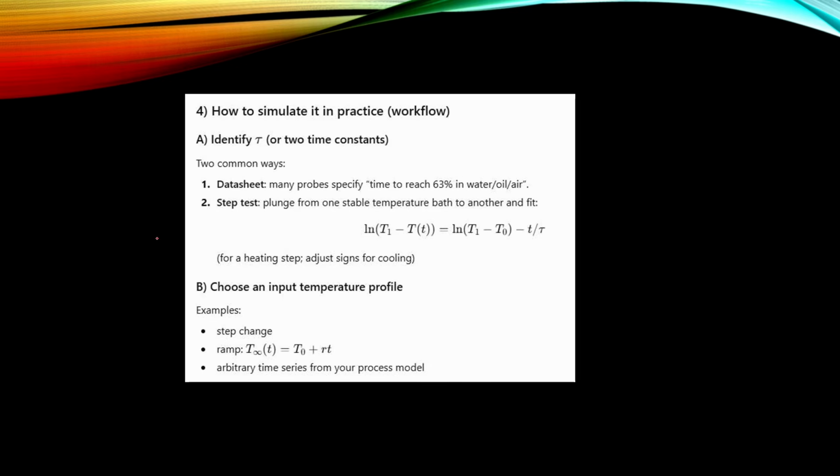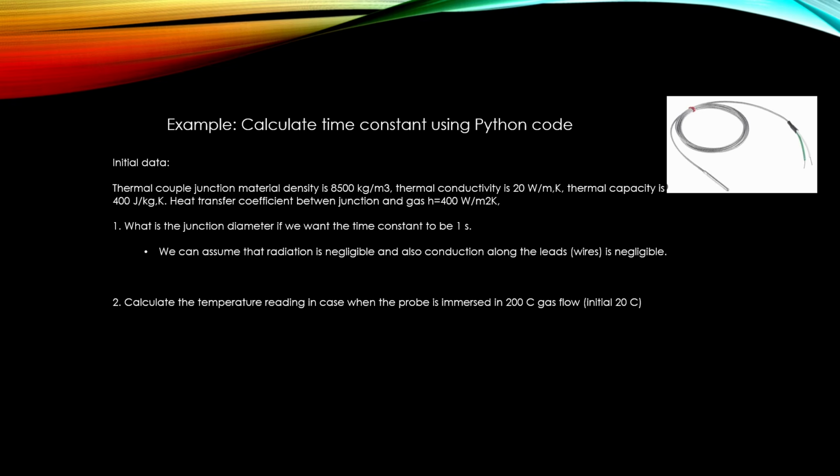Here are some guidelines how you can measure the time constant of your thermocouple. For example, you can carry out this kind of step test and find out what is your time constant. Here we have an example in which our task is to calculate this time constant using Python code.